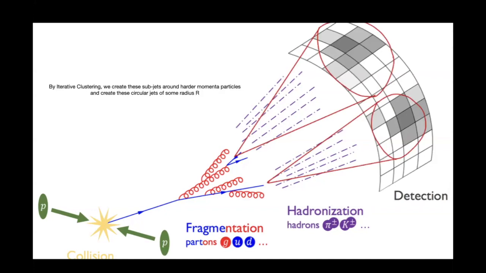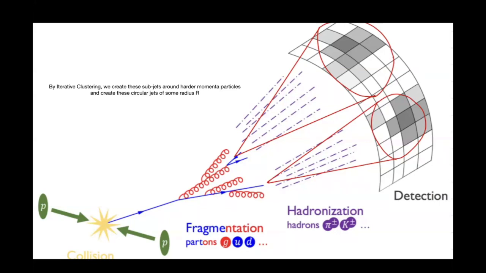Let's say your algorithm creates these two little subclusters, or subjets in this case. Basically, the algorithm makes decisions on whether you should merge or not merge based off all the other information around it. So you have these little subjets being created around the higher momentum particles that have been detected.